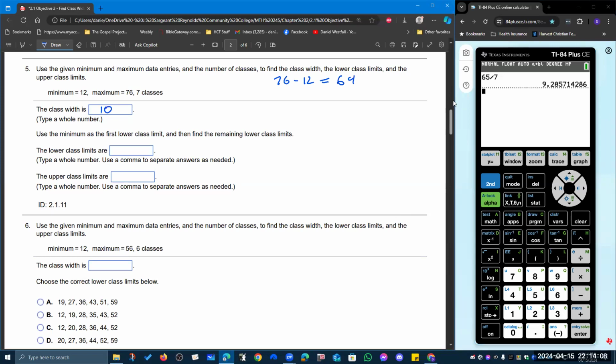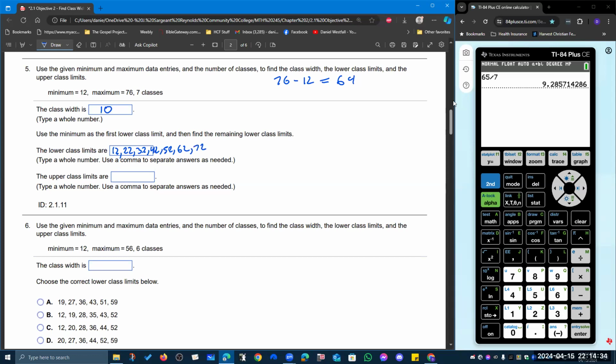Lower class limits are going to start with 12. Then we add 10 to that and get 22, 32, 42, 52, and 62, and then 72.